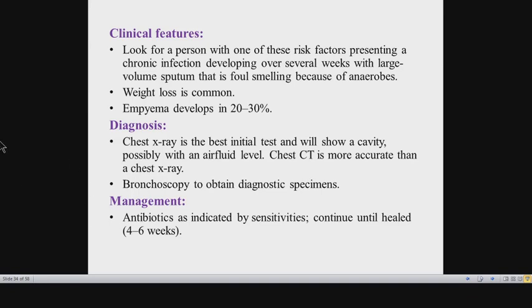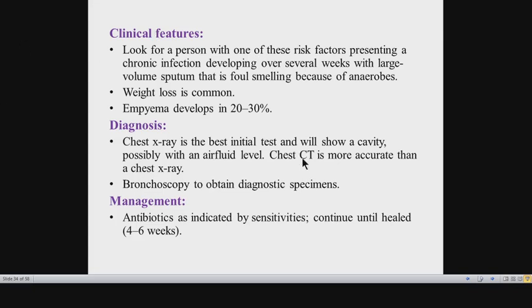So our empirical antibiotic therapy should cover both aerobic and anaerobic bacteria. The antibiotics that can be used to cover anaerobic bacteria include metronidazole. It can include also clindamycin. Clindamycin is one of the good options to cover anaerobic bacteria above the diaphragm, like in lung abscess. But the problem with clindamycin is that it's strongly associated with pseudomembranous colitis, and for that reason, it's less commonly used in practice.